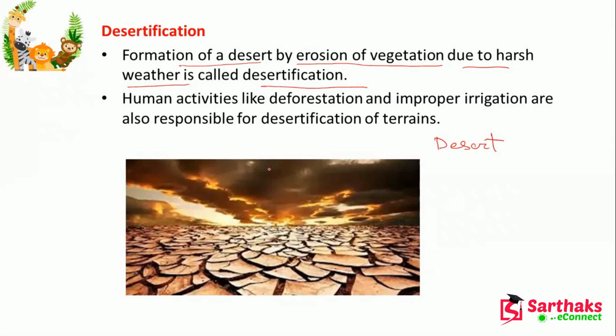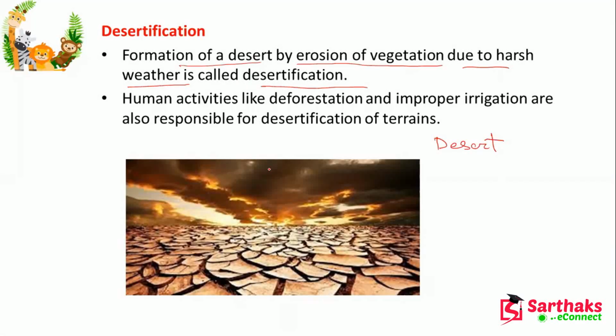That means the desert has been formed by erosion of vegetation. There is no vegetation and harsh weather, very warm weather, there is no rainwater, and the underground water level is so low that you cannot get that water easily. This condition is called desertification.